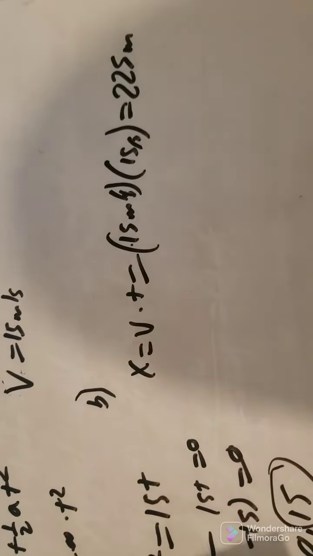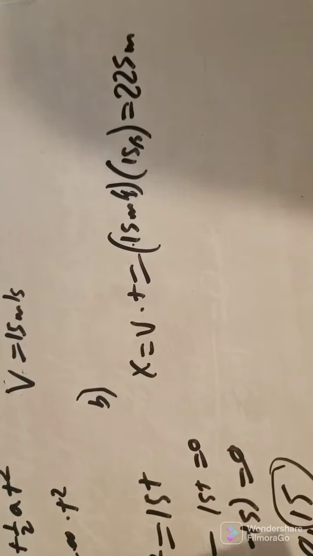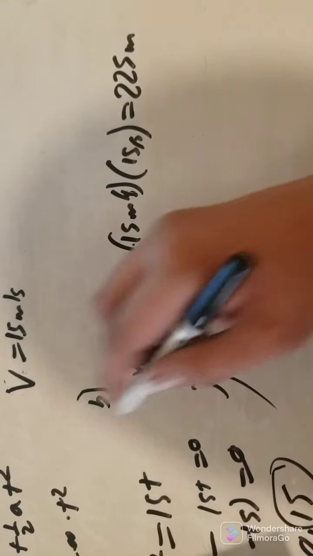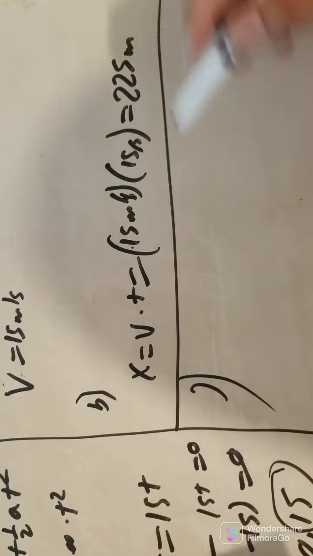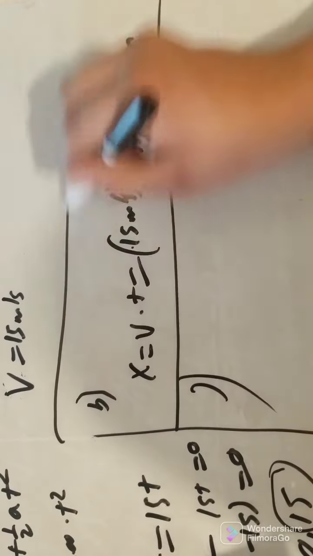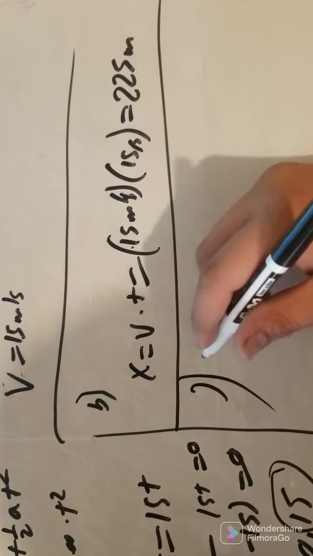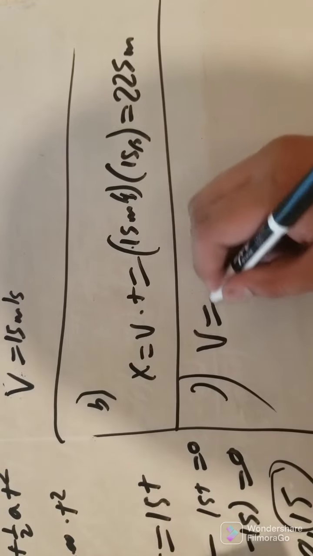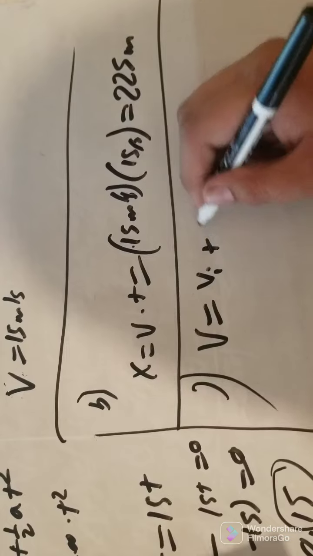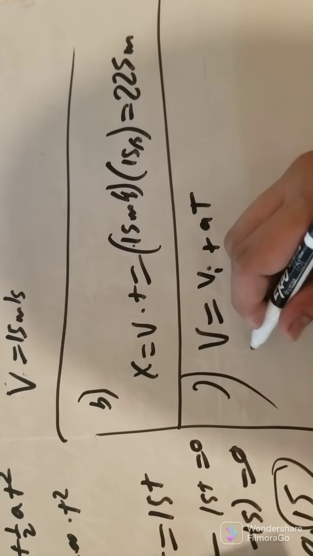Now that we know the distance, we have to figure out the speed of the car, which is easy now that we know everything. It is equal to v initial plus a times t.